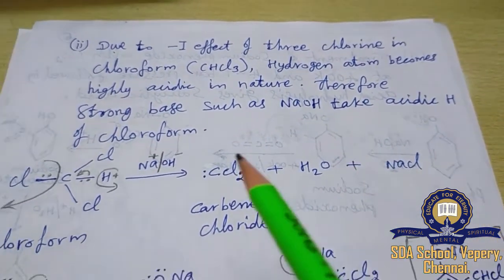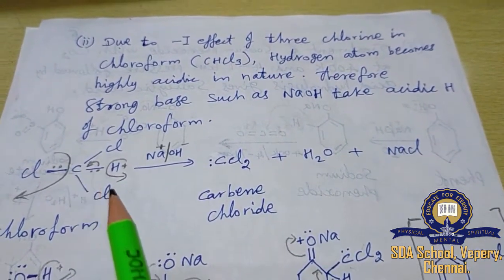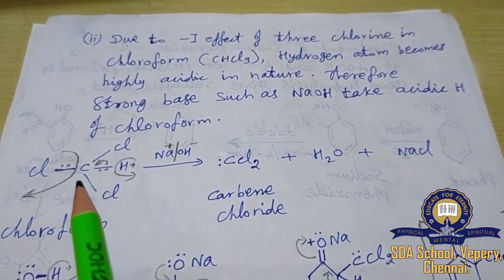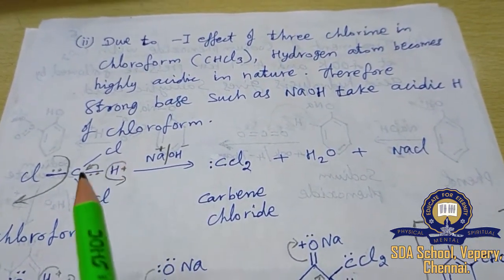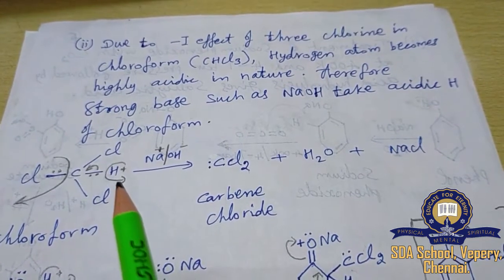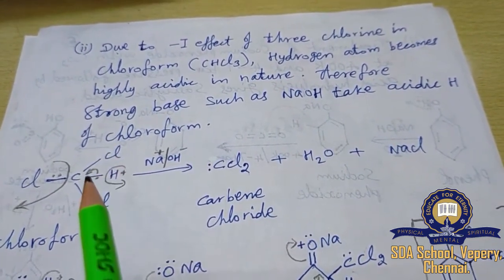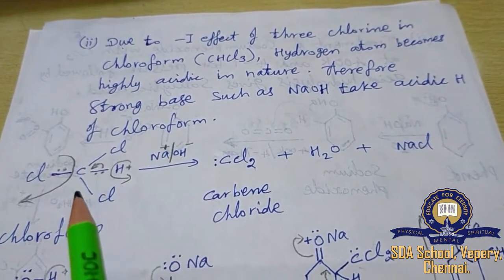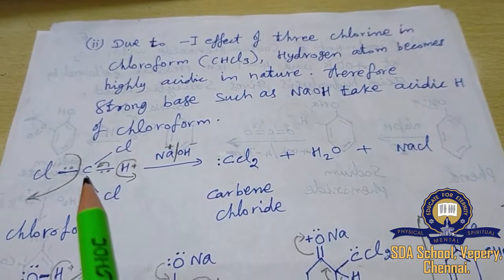In such a way here in chloroform, see over here, CHCl3. That only I have written over here, CHCl3. 3 chlorine atoms attached to one carbon and one hydrogen atom. Here, these 3 chlorine atoms pull the bond pair electrons towards themselves. So automatically the carbon becomes electron deficient.